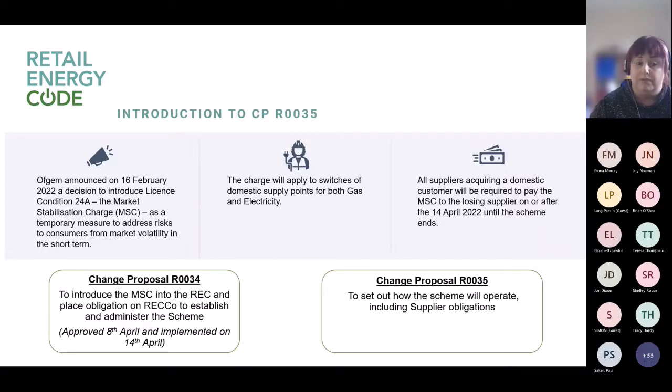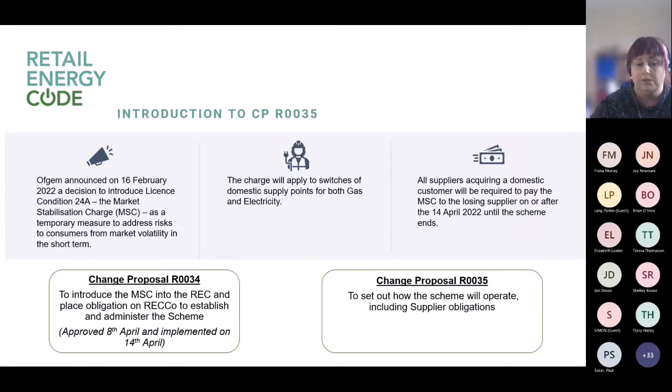Those are very short timelines for determining what the administration and governance process should be, and getting that into the REC in time for the 14th of April. So it was determined that the right method of delivering the changes into the REC is through two change proposals.